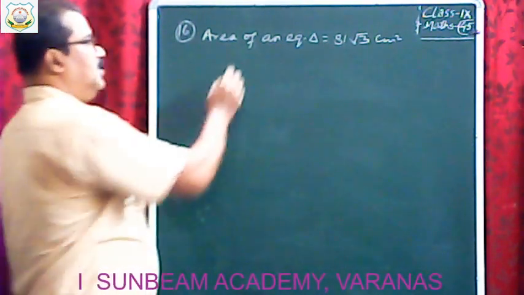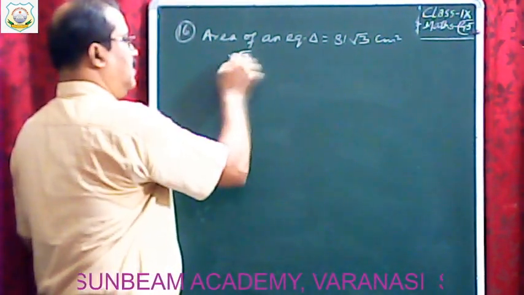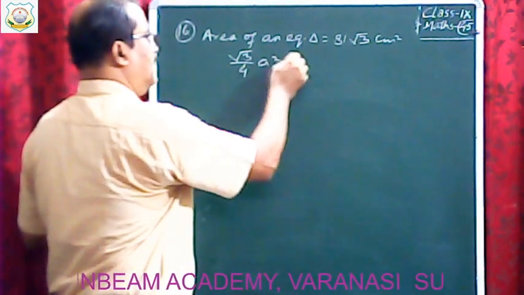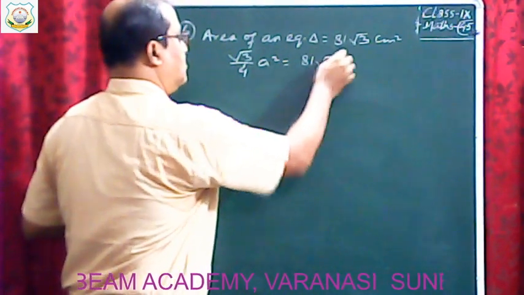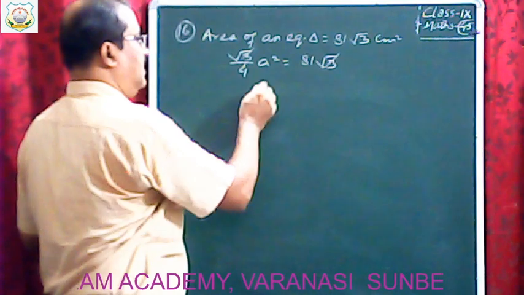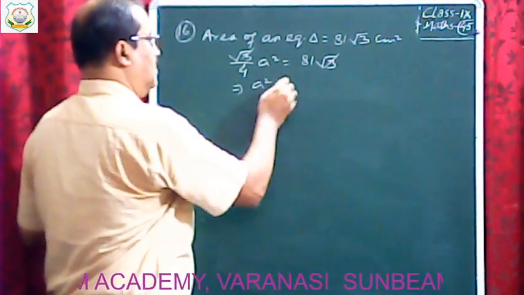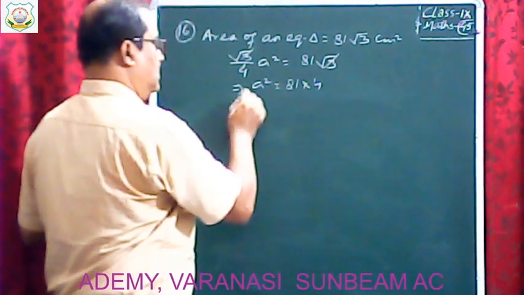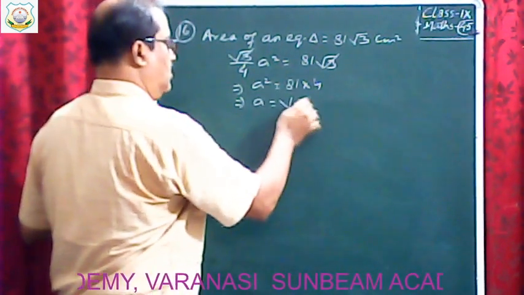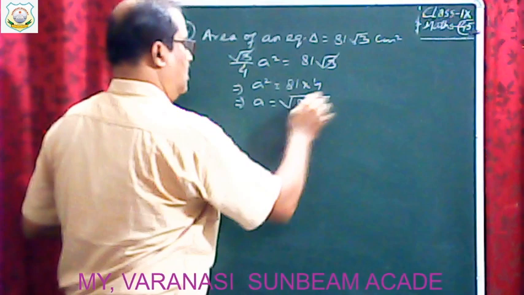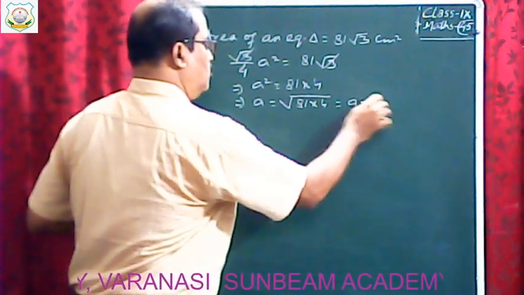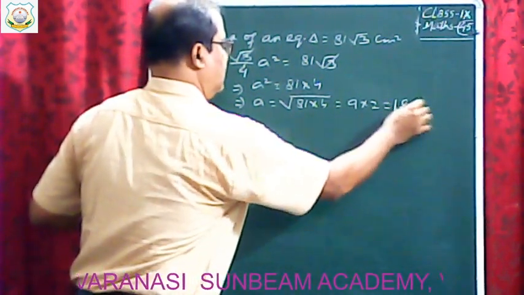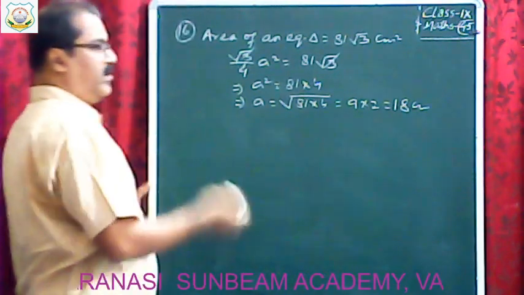So nothing else, you have to use the formula square root 3 by 4 into A square equal to 81 square root 3. Square root 3 cancel. So A square equal to 81 into 4, means A equal to square root of 81 into 4, which gives 9 into 2, that is 18 centimeter. So the side of the equilateral triangle we get.